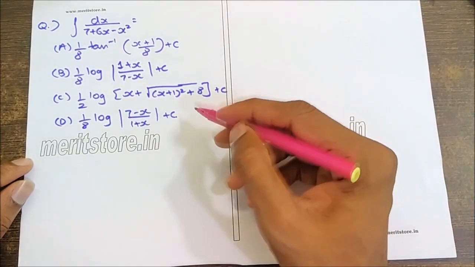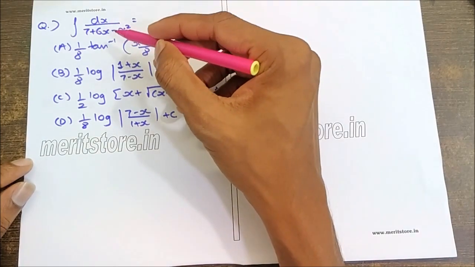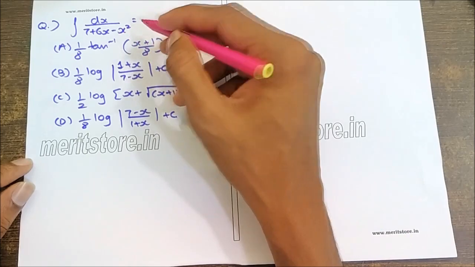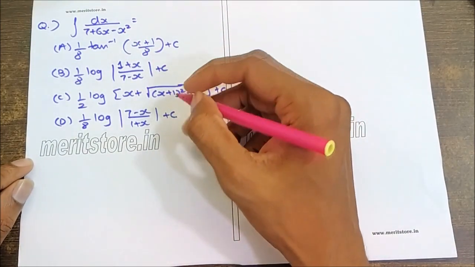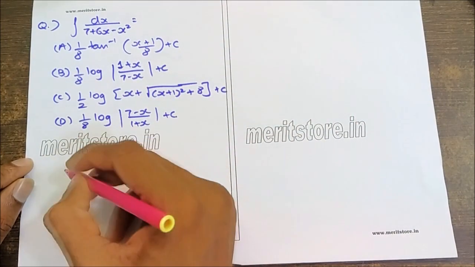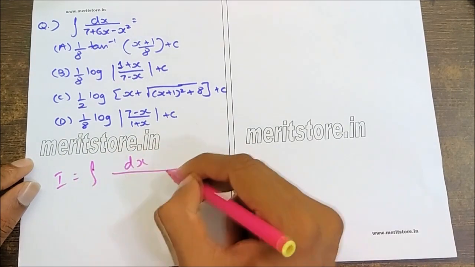Let's see MCQs on integration. Integral dx upon 7 plus 6x minus x square equal to, we get 4 options over here. We'll make a fine adjustment in the denominator, so that we can write this integral as I equal to integral of dx.